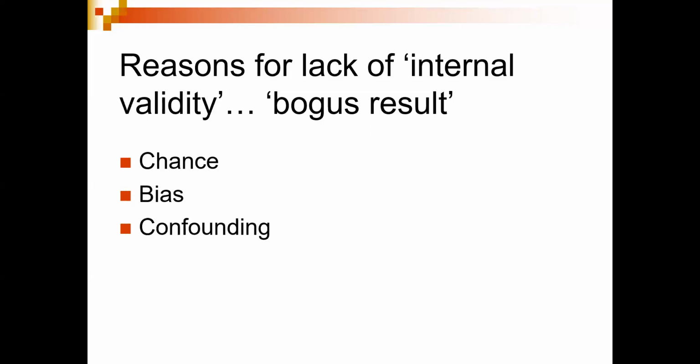Or you can get an incorrect or bogus result due to bias, or a result which is not correct due to what we call confounding. So we're going to be discussing these three aspects, which can lead to having a biased study. I'll start with chance.